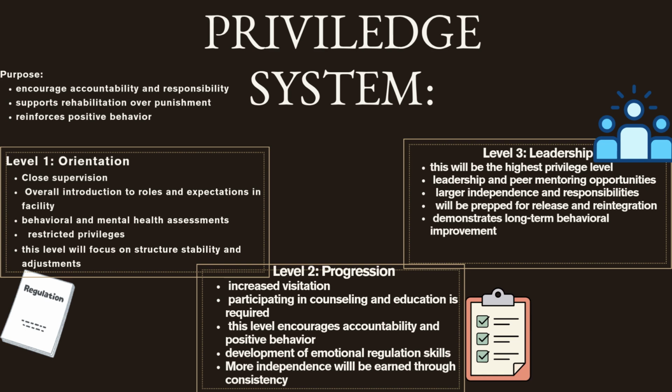This level encourages accountability and positive behavior, development of emotional regulation skills, and more independence will be earned through this consistency. Level three is the highest privilege level, with leadership and peer mentoring opportunities, and larger independence and responsibilities. They will be prepped for release, integration, and improvement.